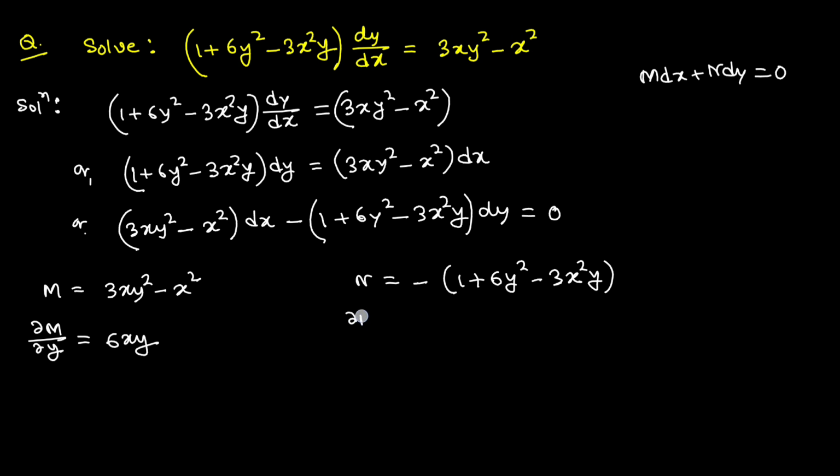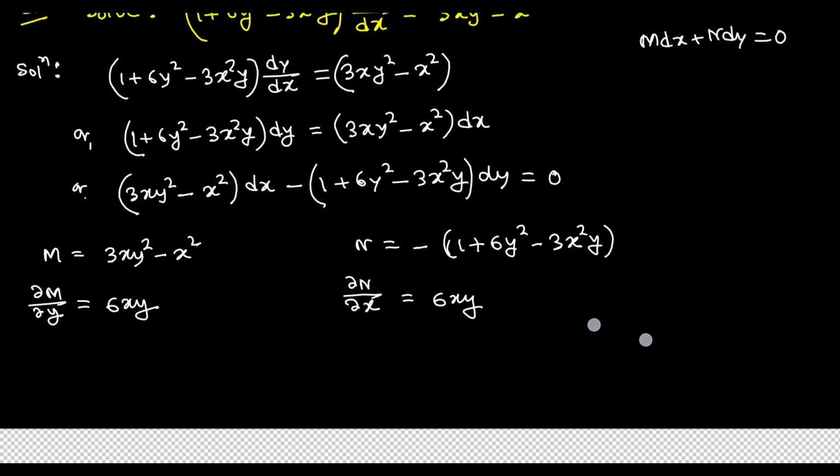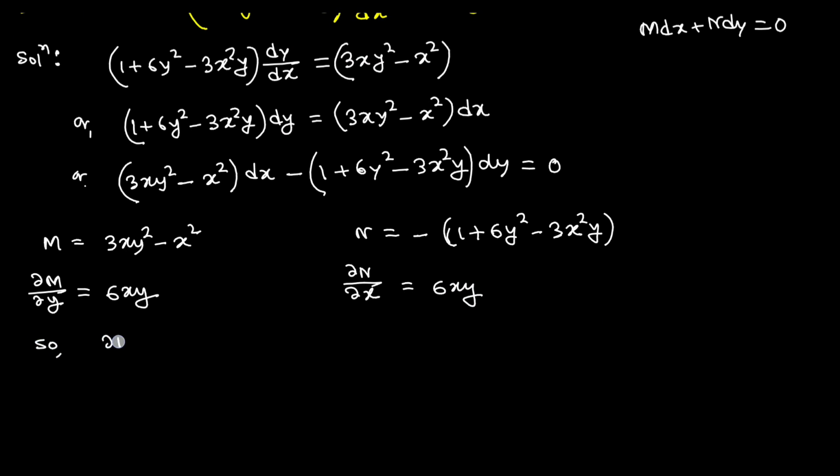Now del N del x, derivative with respect to x, so this part will be 0, this is 1. There is no term of x in 6y square, so this is 0. So from here, the derivative with respect to x will be minus 6xy, and here again you have another minus, so minus minus is plus 6xy. So del M del y is equal to del N del x. That means the equation is an exact equation.